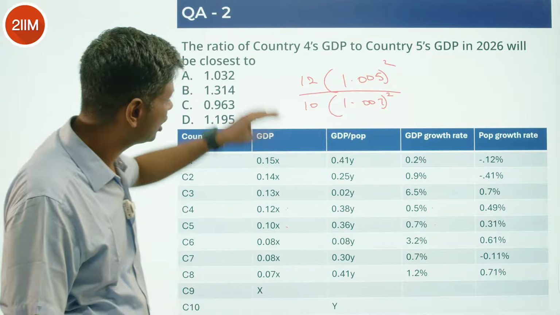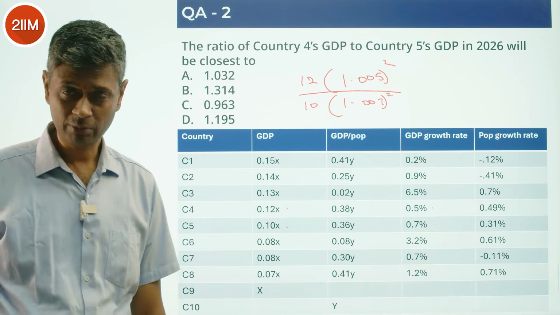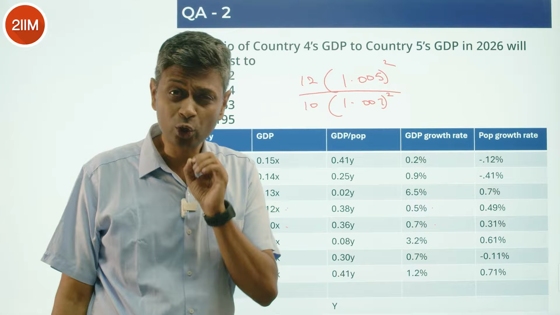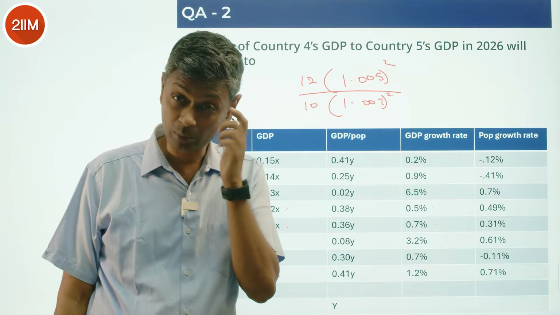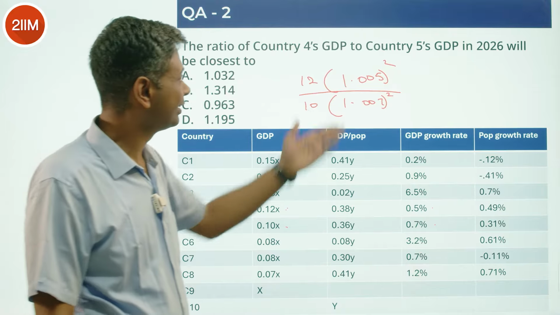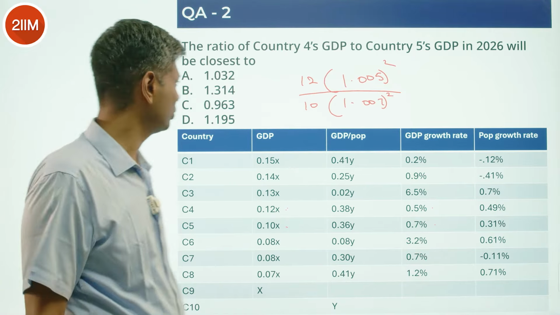Right? So 12 by 10 is 1.2. I'm looking at an answer very close to 1.2. These two are very linked. The only thing I need to process is whether my ratio is going to be less than 1.2 or more than 1.2. This is less than this. It will be less than 1.2. Slightly less than 1.2.